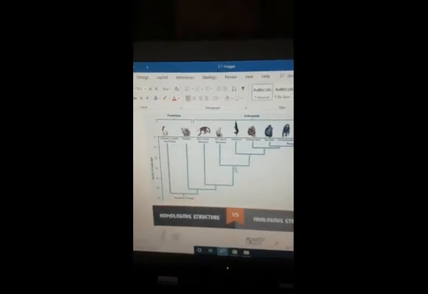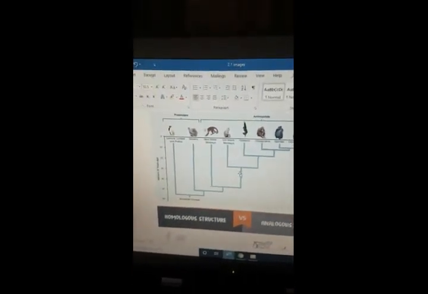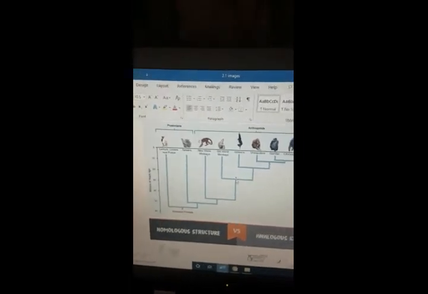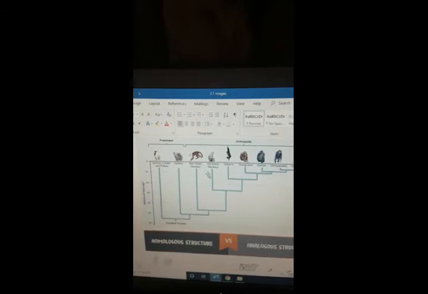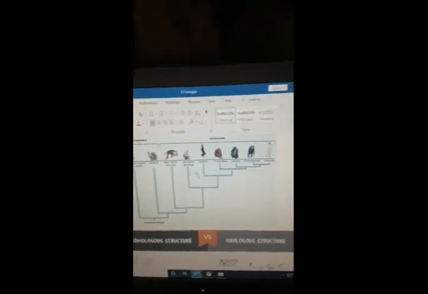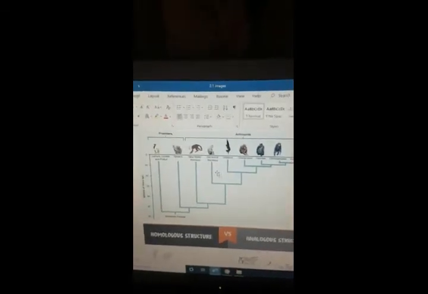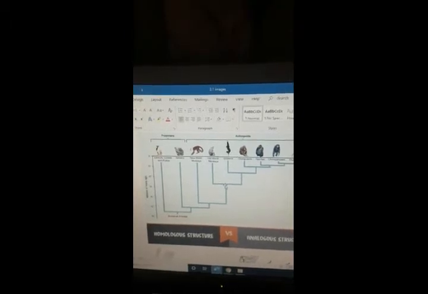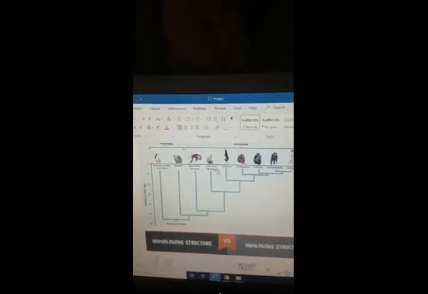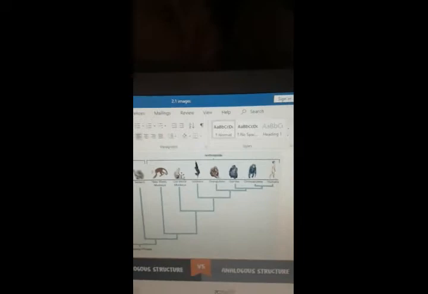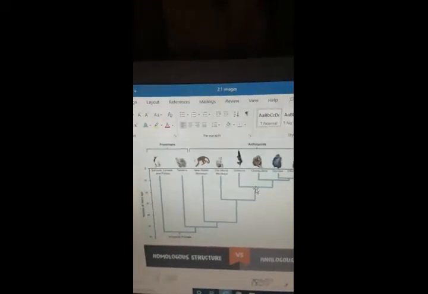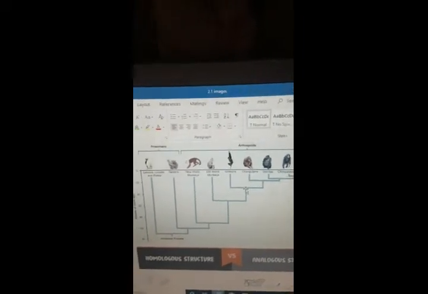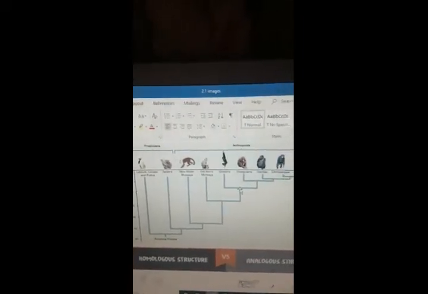Now, at some point, a long time ago, about 25 million years ago actually, there was a common ancestor of the Old World monkeys and all of the apes. But that common ancestor lived a long time ago. So Old World monkeys are fairly distantly related to the apes. On the other hand, the common ancestor of the gibbons and all the great apes lived about 15 million years ago.